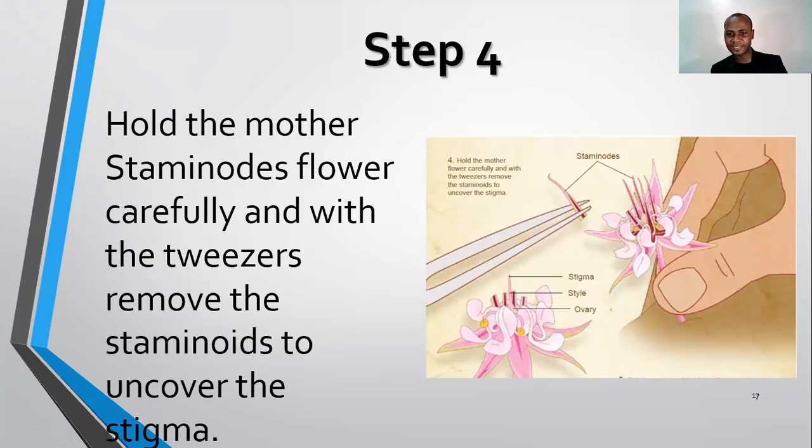After it's done, it's going to look like this one here. So the staminodes have been removed, and then you have the stigma over here. This is the female part of the flower.